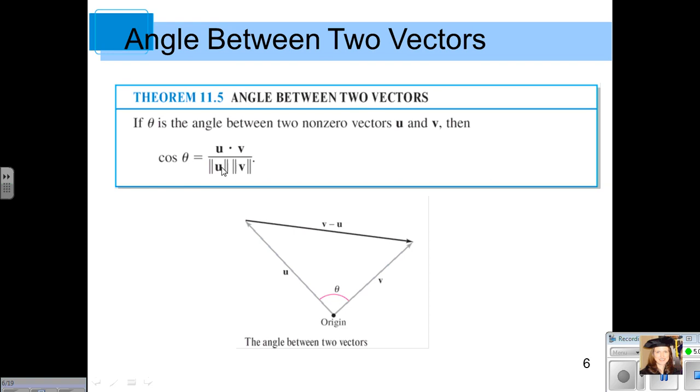And we recall in the previous section how we find the magnitude of a vector. Now, when you get this equation, cosine of the angle theta will equal some value. You would then find the inverse cosine of that value to determine the angle theta.